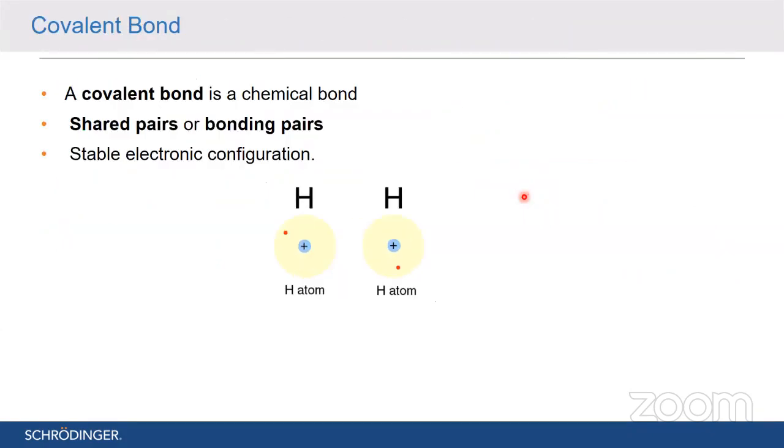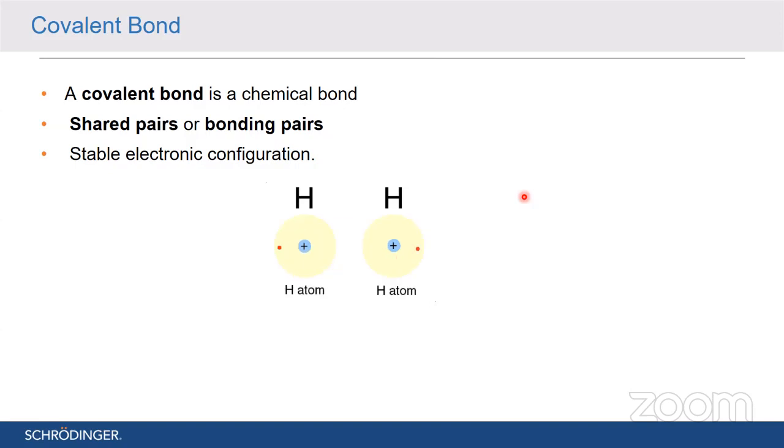A covalent bond is a chemical bond that involves the sharing of electron pairs between atoms. Shared pairs or bonding pairs have a stable balance of attractive and repulsive forces between atoms when they share electrons. So that would be termed covalent bonding.